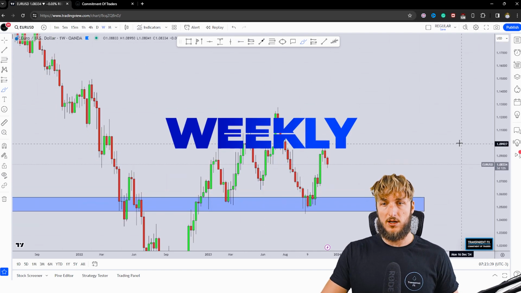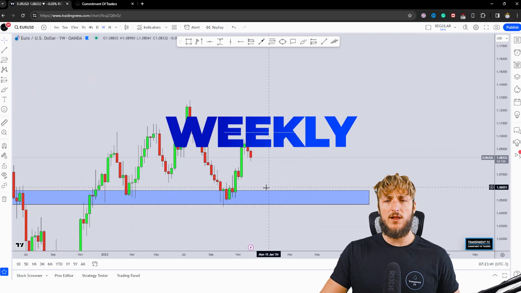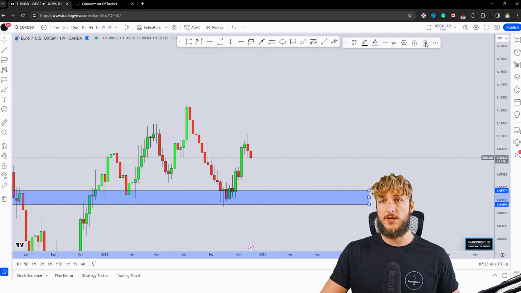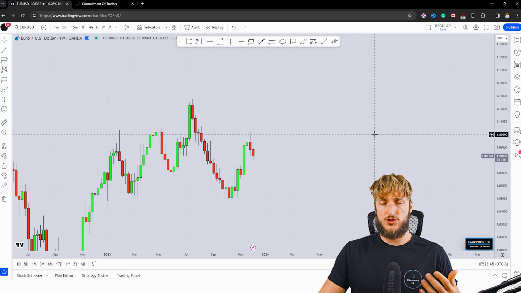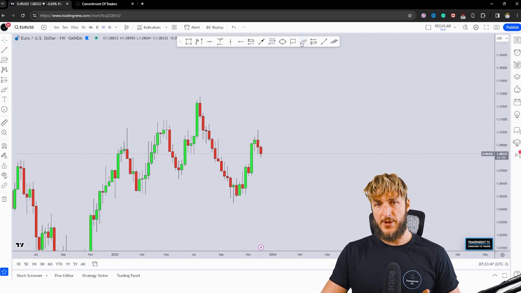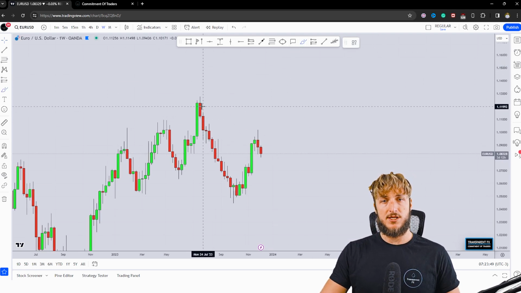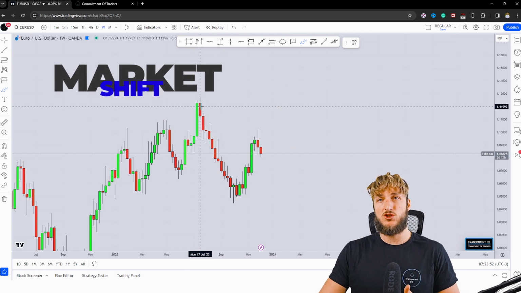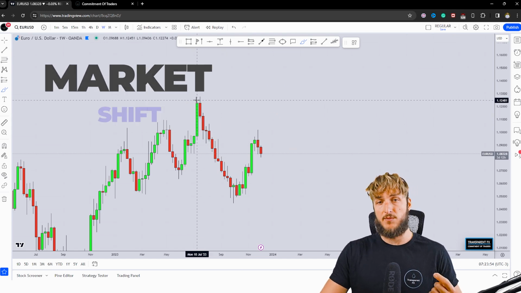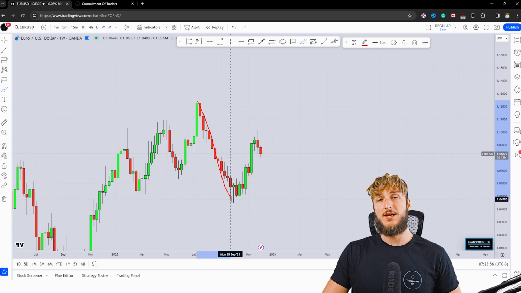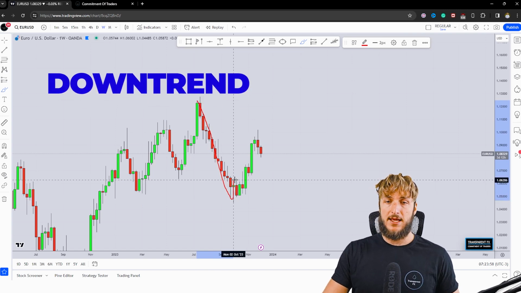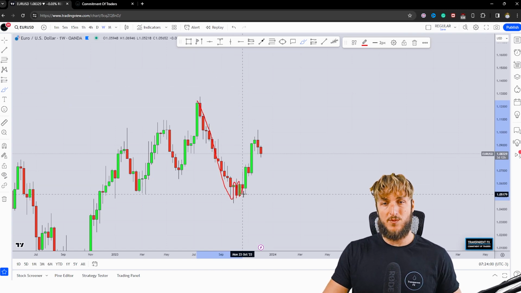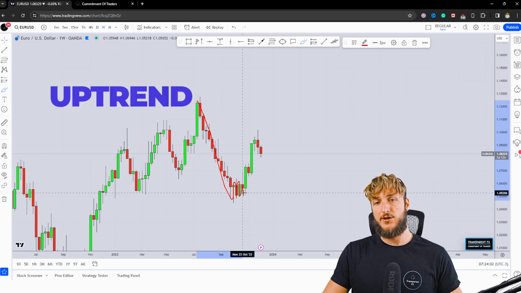Dropping down on the weekly time frame, what do we see? Well, from a weekly standpoint, the situation is quite clear as well. The price action is what you would usually expect. In fact, what we can notice is that we just went from having a bearish market to now having a bullish market. The market clearly here was creating lower lows and lower highs. Then we had this horizontal accumulation and the market shifted to creating higher highs and higher lows.